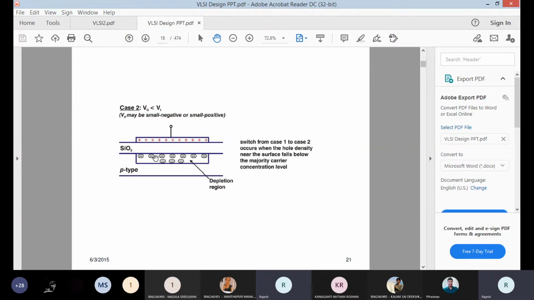So if it is less than the threshold voltage, a few carriers, electrons, will come and settle here. And the concentration in the channel region is moving from positive to negative. So the hole density reduces and it is changing to electron density. And once electrons are formed, a diffusion region is shown between the channel and the substrate.